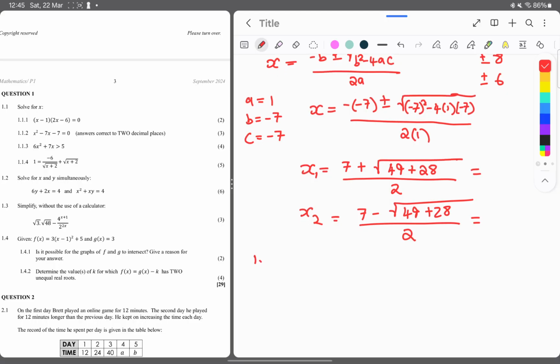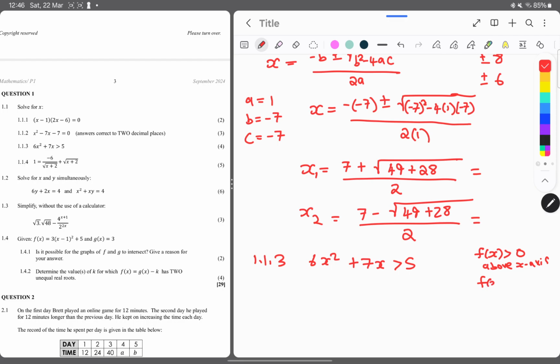Therefore, 1.1.3, we have 6x squared plus 7x greater than 5. Now, this is an inequality. So with an inequality, we must remember that if we are given f(x) greater than 0, it means above the x-axis.